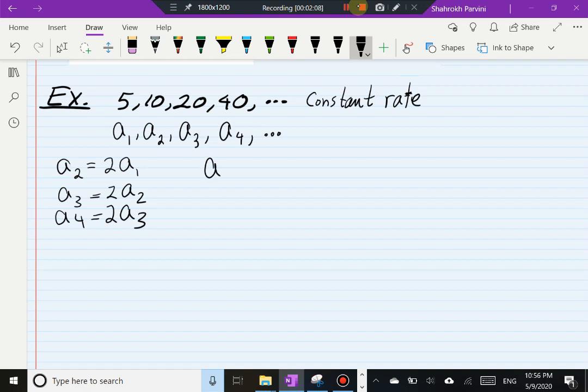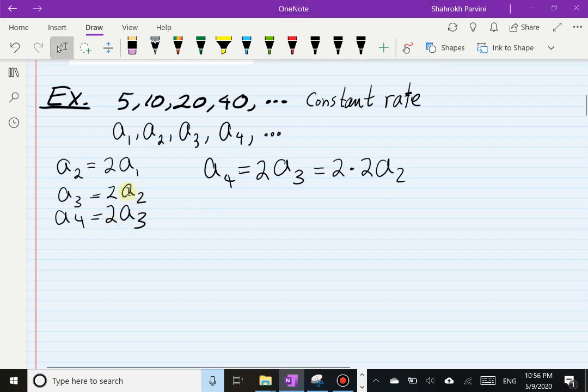Now, if I unwind this and go backwards, that's 2A3. But then A3 itself, remember, A3 is twice A2, as shown over here. So here I get 2 squared times A2. I know that's 4, but in this section, we're very interested in the patterns that we see.